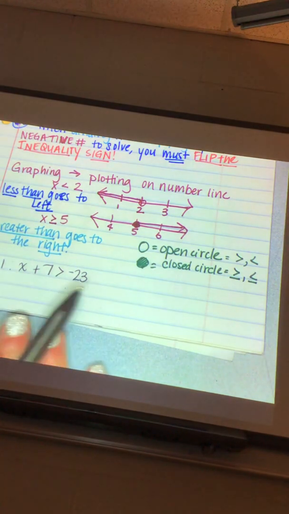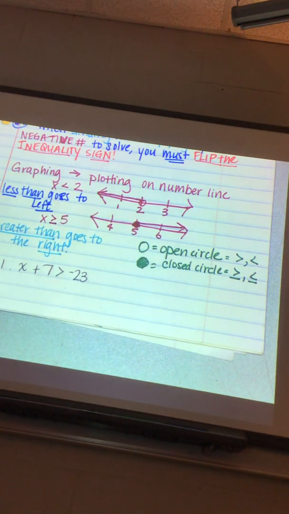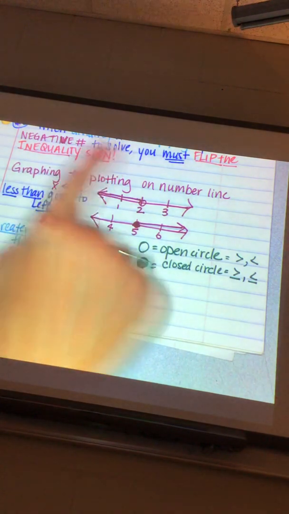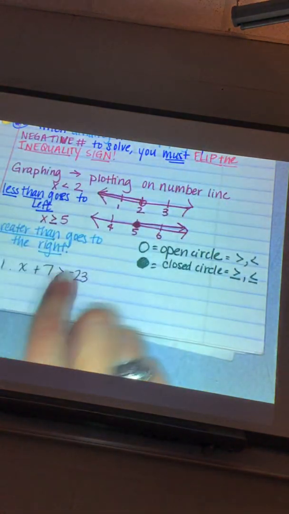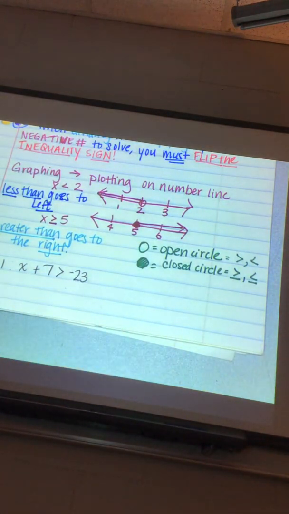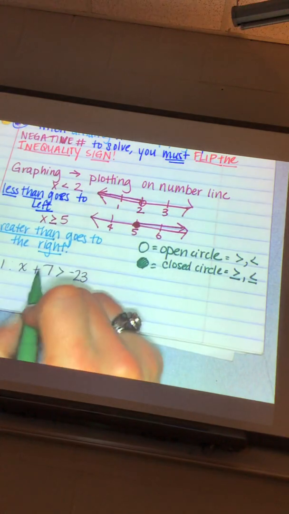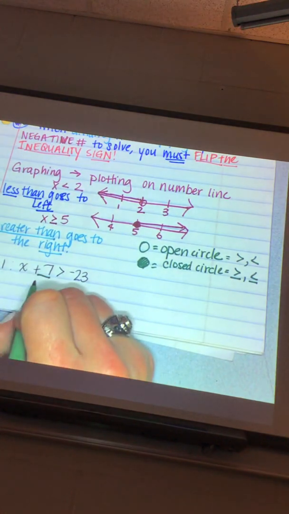The only difference in our answer is that it's going to say x is greater than negative 23, unless we have to divide or multiply by a negative at any time. It flips our sign to be less than. So let's go ahead and solve this. We need to get the x by itself, so we got to get this plus 7 off. So we're going to subtract 7 from both sides.